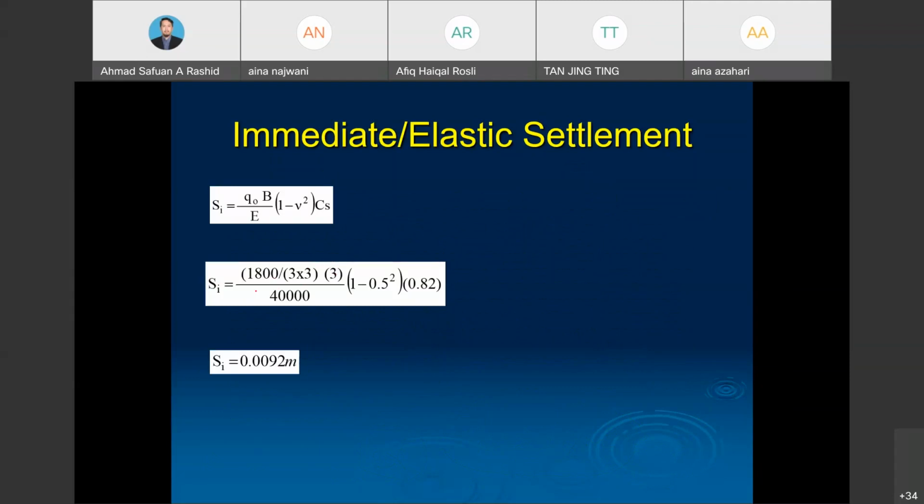Then we divide with the 40,000, because we need to use the same units.